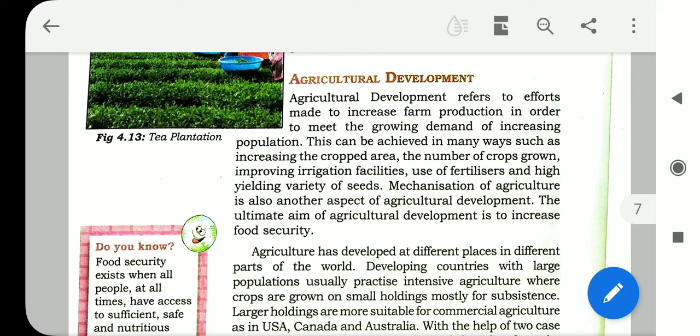In ancient times, people did not do like that. Nowadays, based on science, there is mechanization of agriculture, high yielding seeds, and the irrigation system has also developed. These are used only for production and food security. High production and food security together is known as agricultural development.